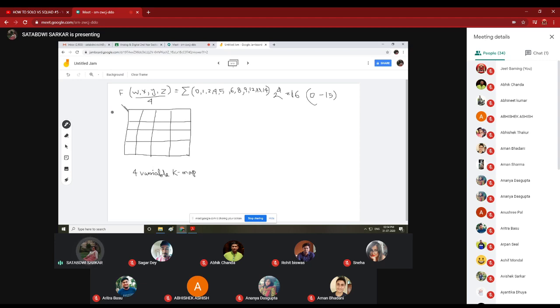So we have to write WX here and YZ here. So 2 variables on this side and 2 variables in this upward direction.